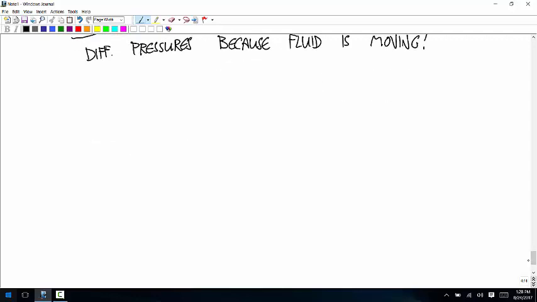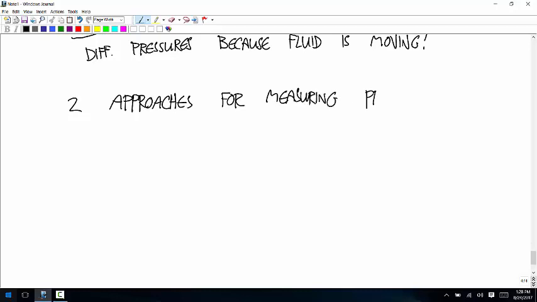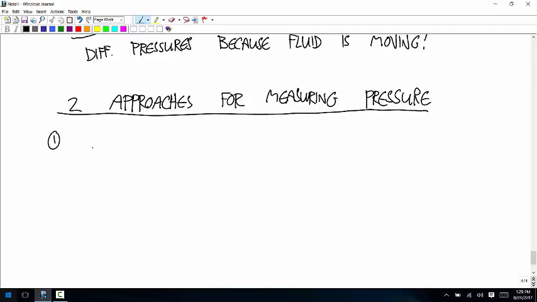Okay, there are two approaches for measuring pressure. The first one is a manometer. And that idea is used for measuring pressure in a contained vessel.